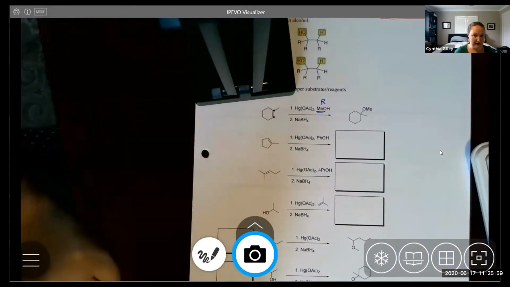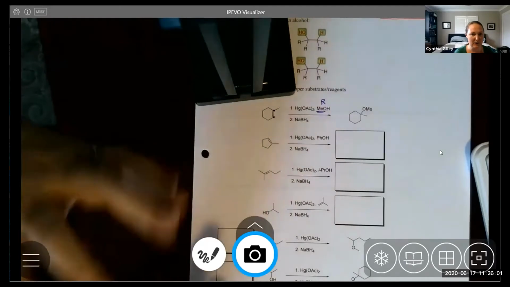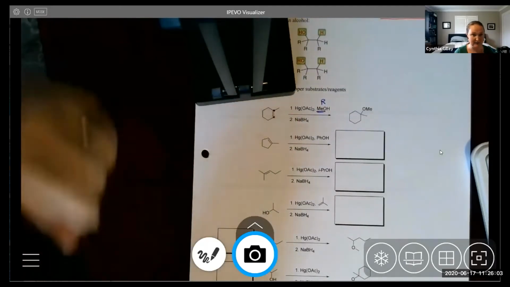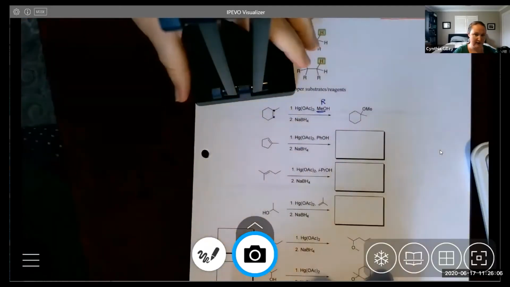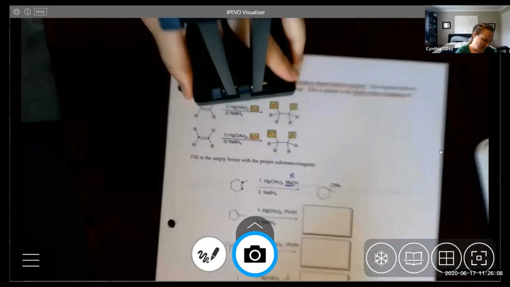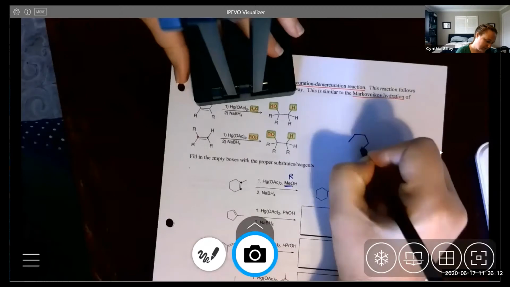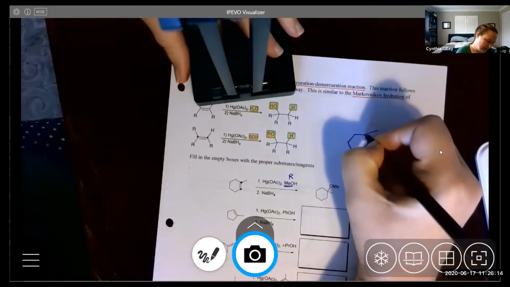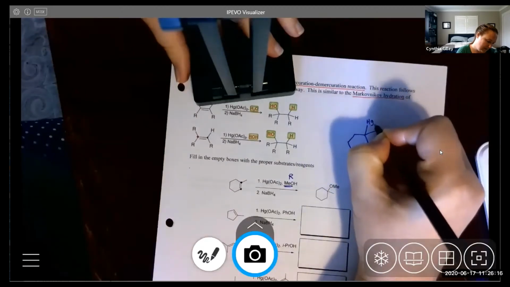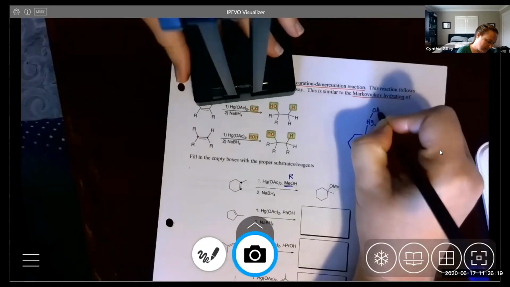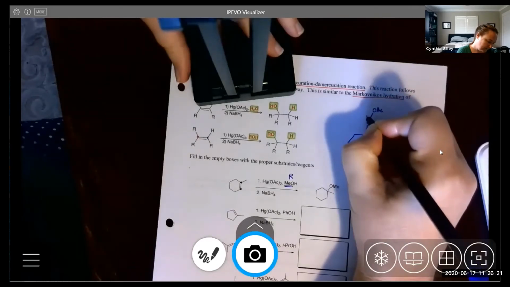and the mechanism, he doesn't really go into it at this point, but I guess it was gone over last semester probably. Or if you'll recall, we ended up forming, for example, if I do it for the first one, the mercurinium ion. You may have heard of this one before.